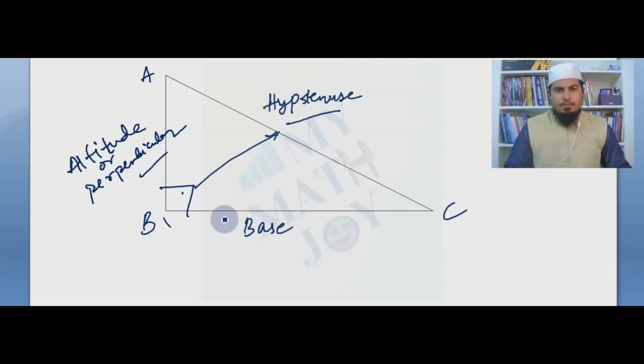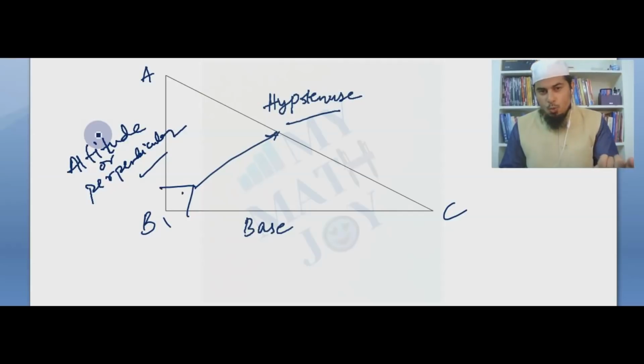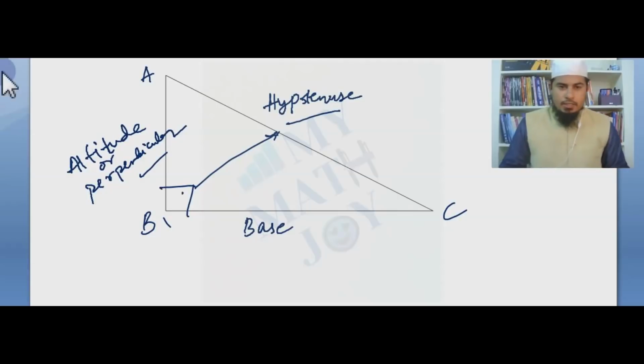These were the concepts we used in the previous classes, but the terminology which we are going to use here is a little bit different. We want to bring a relationship between the angles of the right angle triangle and the sides. How to name the side with respect to angle, that is important in trigonometry. So we are learning how the right angle triangle sides will be related with angle. This is 90 degrees. With respect to 90 degrees, this is the hypotenuse, and these two sides are perpendicular sides.